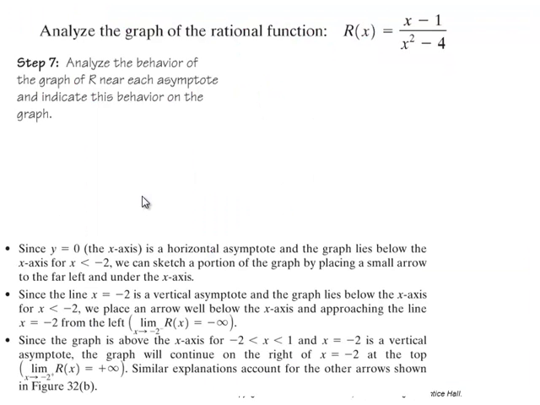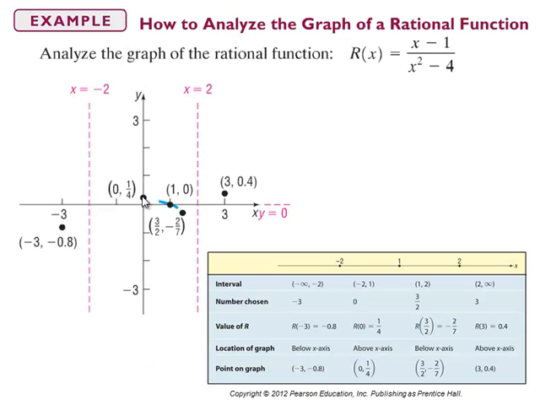Okay, analyze the behavior of the graph near the asymptotes. Now, we have two vertical asymptotes at -2 and +2. Now, let me just point something out here. Let's look over here to the left of -2.